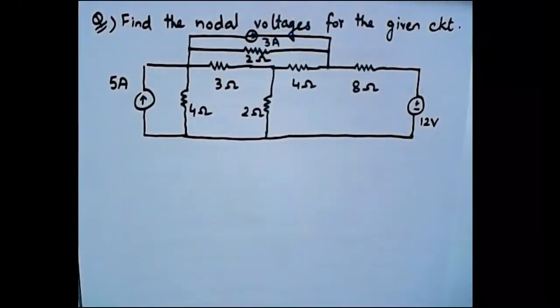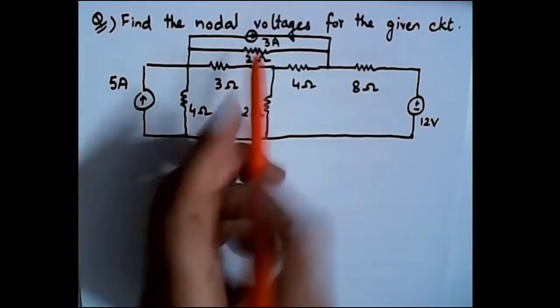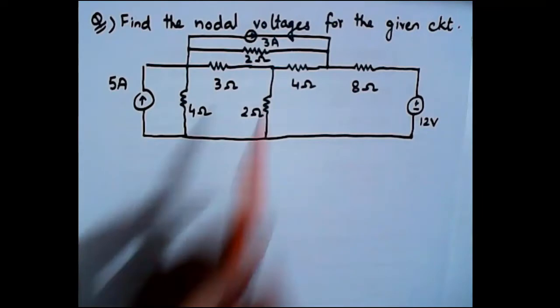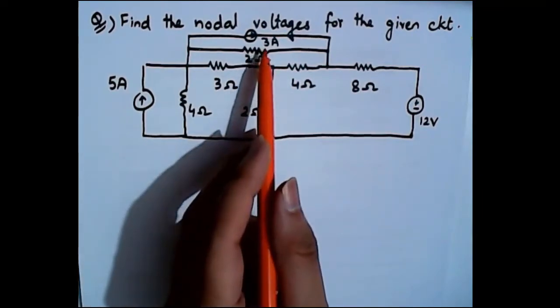Okay, this is your given question, and just in case you are having confusion, this is a current source whose direction is rightwards, that is in this direction, and its magnitude is 3 amperes.